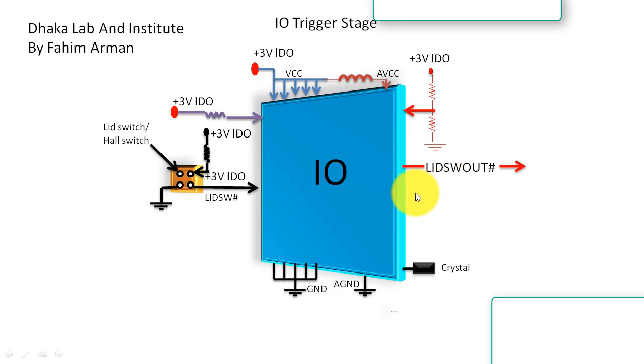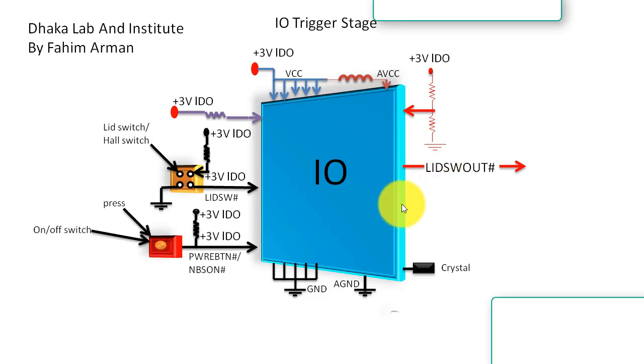Okay, and then the most important thing is the work of the on off switch. When you press the on off switch, then there will already be, as you know, 3 volt LDO, 3.3 volt, and also there will be 3 volt LDO, and it has been pulled up.